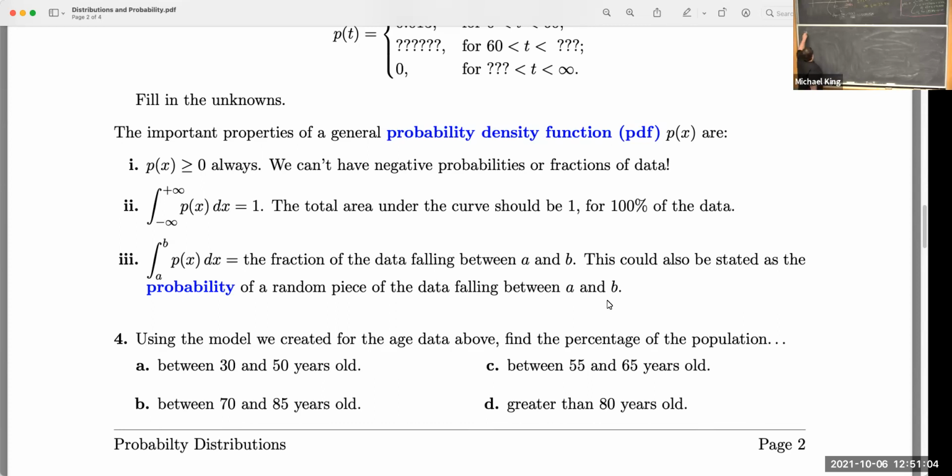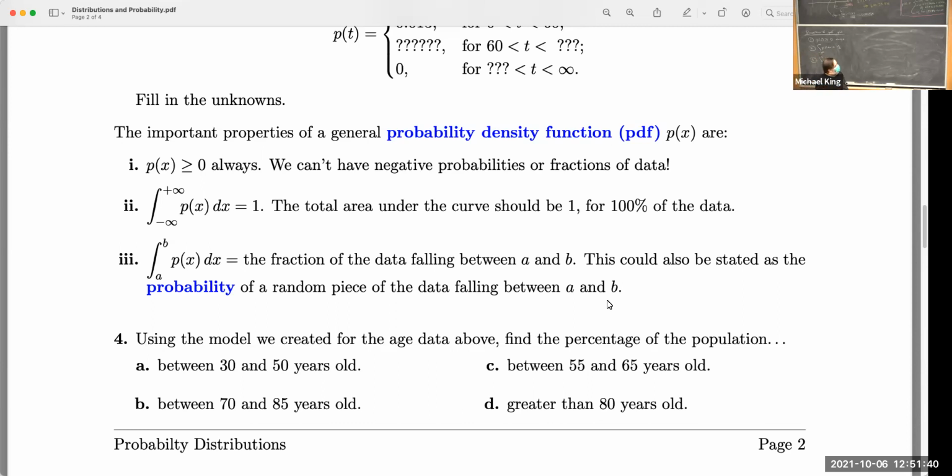So properties. First one is that it's greater than or equal to 0 always. 2 is that the area under the whole thing should be 1. And 3 is that if we take the integral from A to B, this should be the fraction of the data between A and B, right?